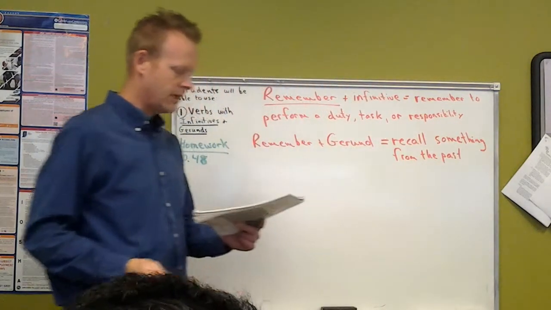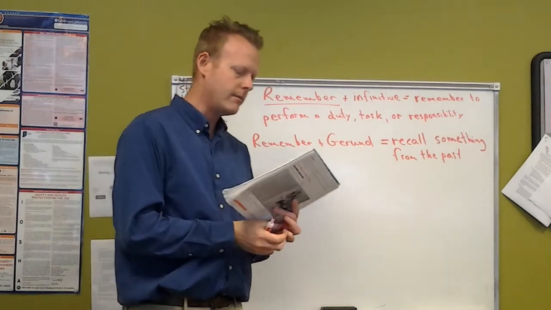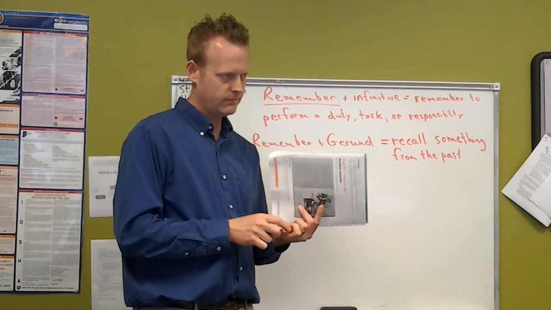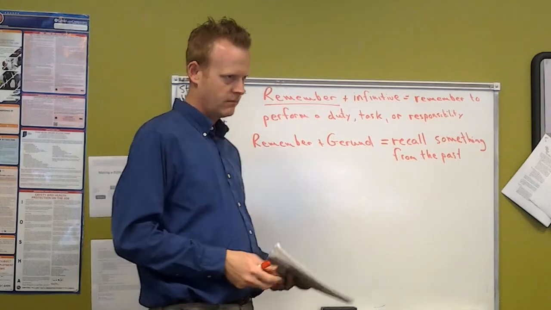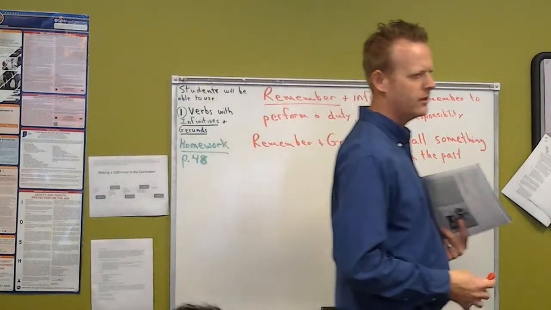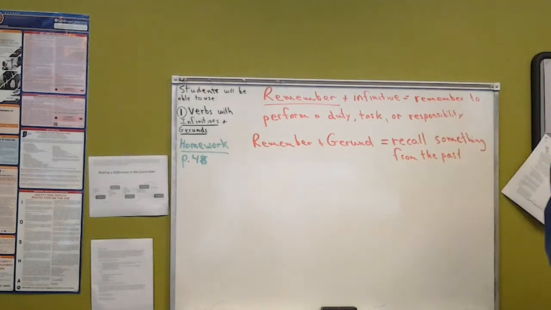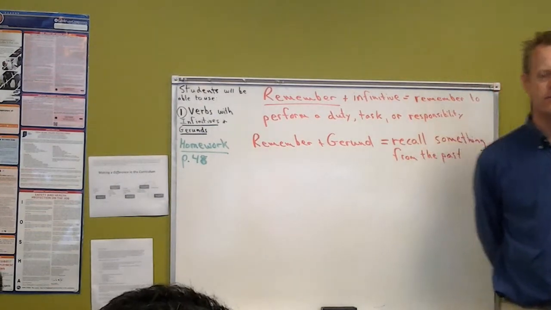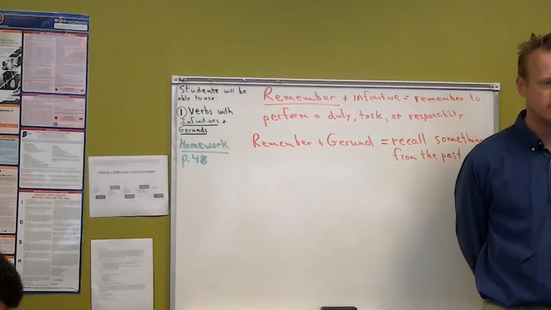All right, so can somebody give me another example? I remember going to the zoo. You could say in a conversation, I remember watching The Fast and Furious with my friend 2 years ago, something like that.